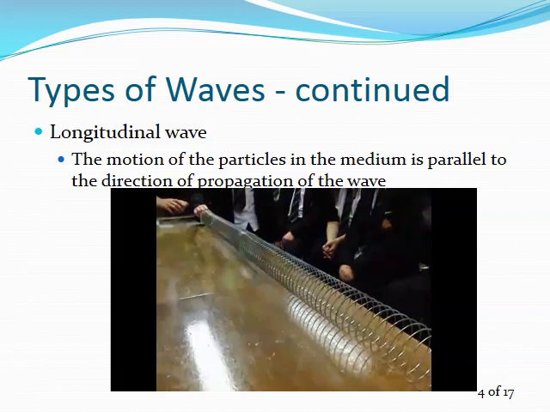This is in slow motion. There it comes back, and we'll get one more pulse there going down again. See how it's closer together in the pulse and farther apart when the pulse isn't there. That means that the spring is moving left and right, closer together, farther apart as the pulse goes down the spring.